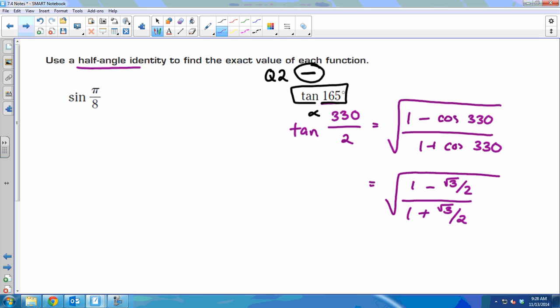I'm going to show you two acceptable ways of doing this problem. One will get you the answer from the textbook, and one will get you an equivalent answer. It just depends on what you would think to do first. In one way, you're going to multiply by the conjugate.